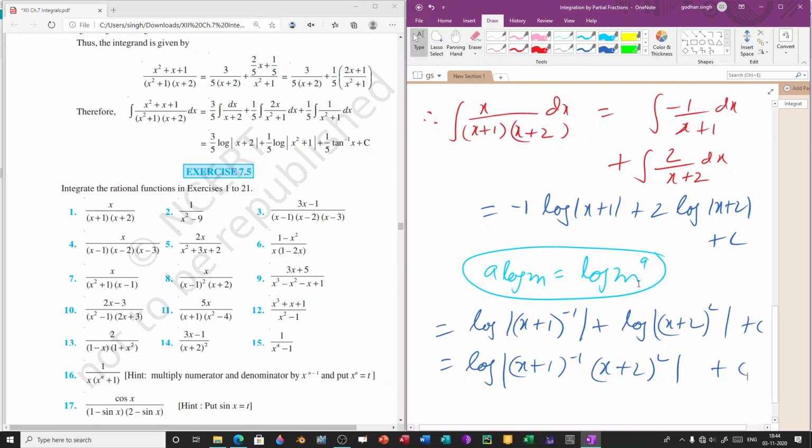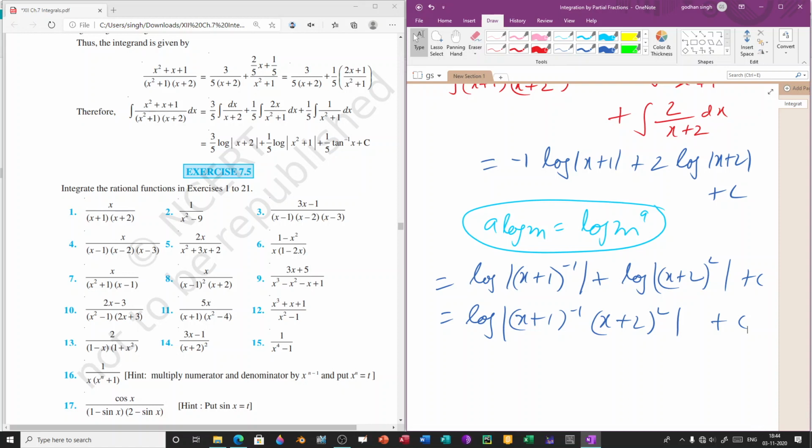Further, a raised to minus 1 is 1 by a, so this equals log mod of x plus 2 whole square over x plus 1, plus c. This is the answer of our integration. So with this, question number 1 is complete.